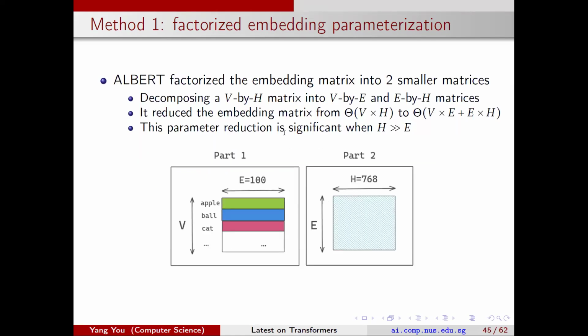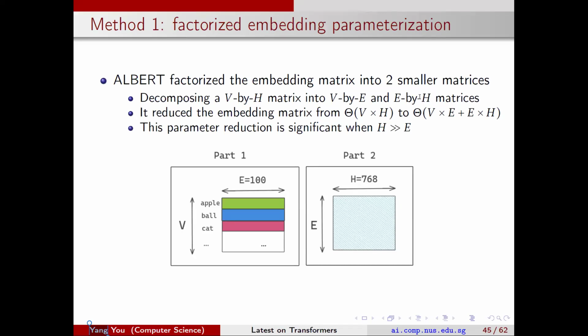We just do a matrix decomposition operation here. Before ALBERT, the embedding size is V by H. Now we change it to V by E, that's our embedding, and then we have another layer, E by H, to connect them together.